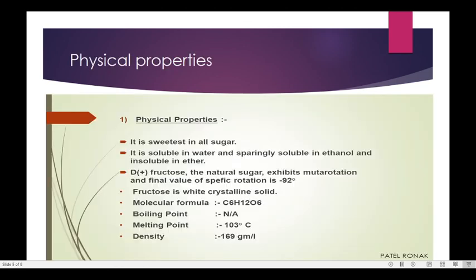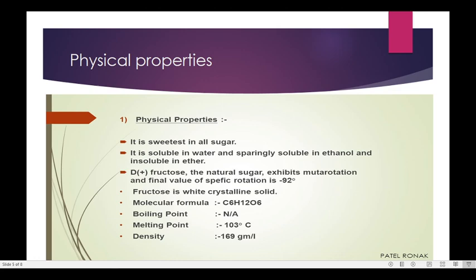Now here are some physical properties of fructose. So fructose is the sweetest of all the sugar molecules. It is soluble in water, sparingly soluble in ethanol and insoluble in ether.